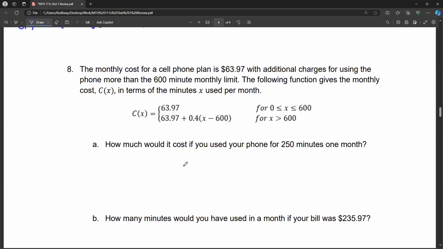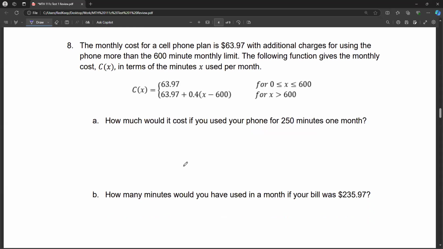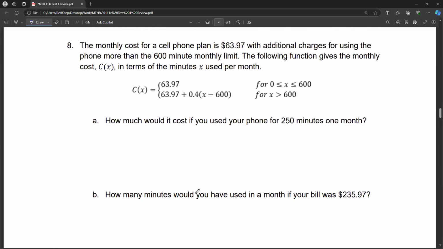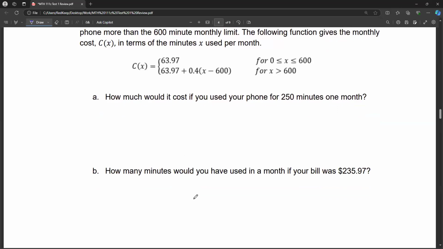In terms of x minutes, C of x is the monthly cost. And it might look similar to what we saw in question 7, in that it's a piecewise function. So we'll be using this information to answer parts A and B, so let's go ahead and get into this.